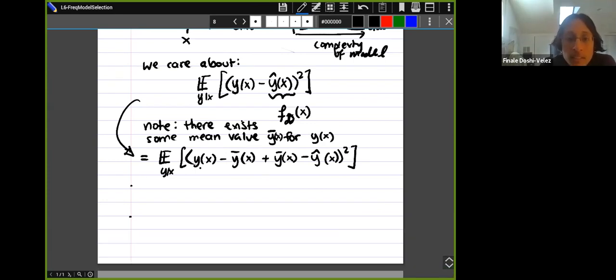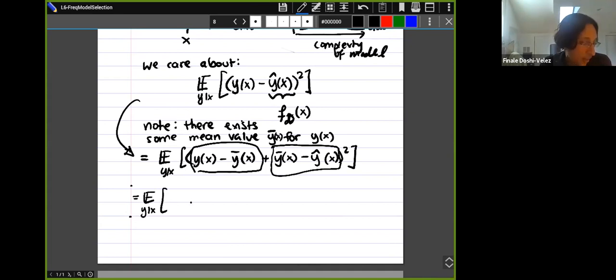And now I'm going to treat this thing as a term and this thing as a term as I FOIL out my squared. So this is going to give me an expectation over y given x of 3 terms. We're going to have a y minus y bar squared.